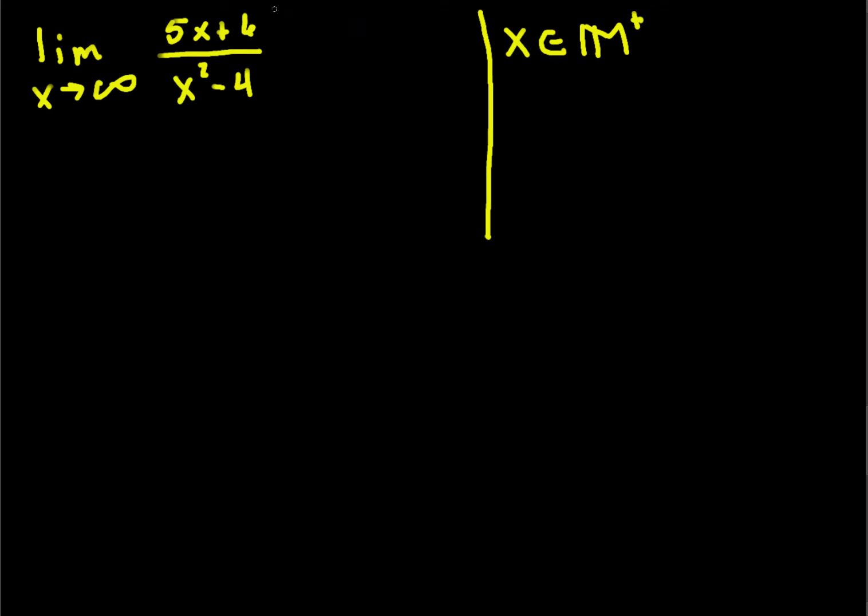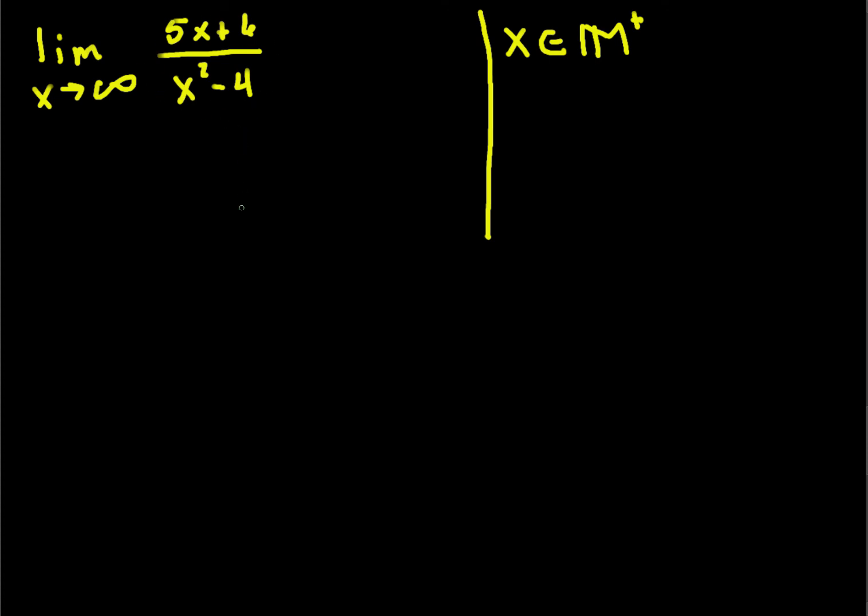So I'm going to look at this function when x is a positive infinite number. And I'm hoping, if possible, that this limit exists and will be a real number, which means I need to let x be infinite and compute what the standard part is.